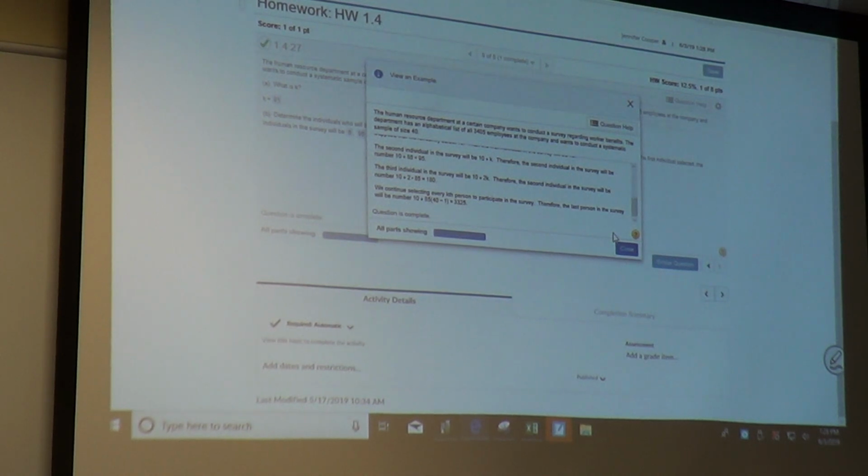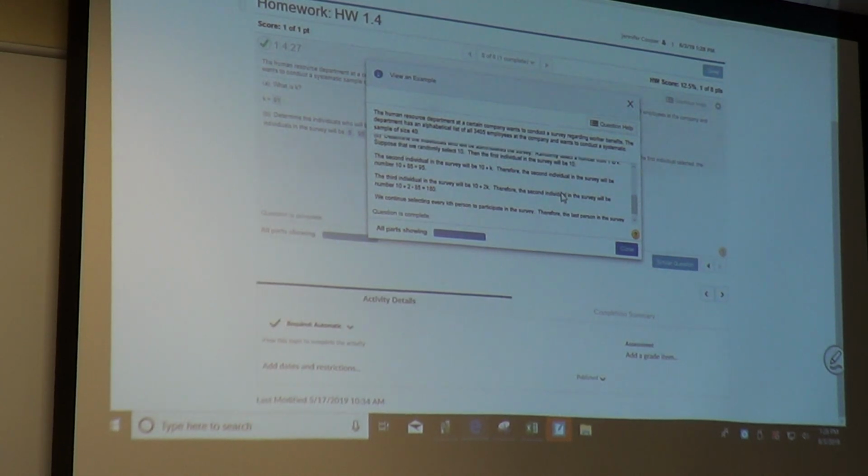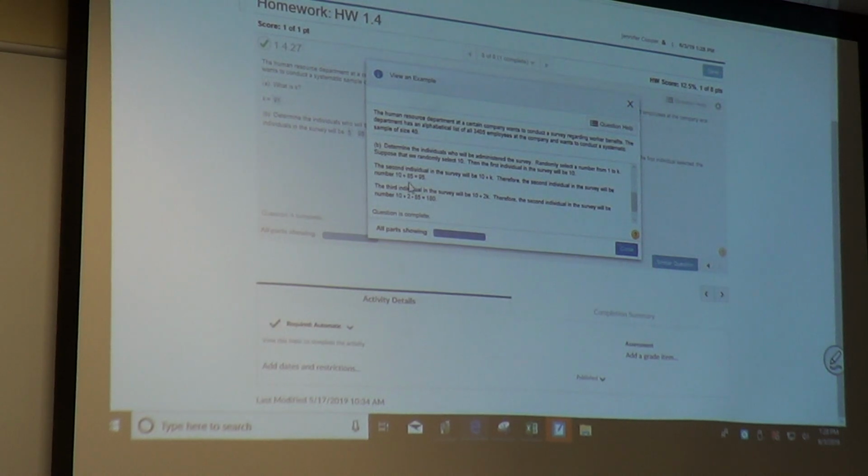So, they wanted me to do blank, blank, blank, dot, dot, dot, blank. Now, my K for that problem was 85, and I was doing a sample size of 10. So my first answer, randomly selected 10, was 10 plus 85.